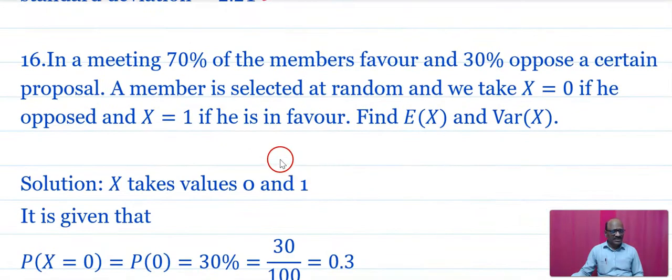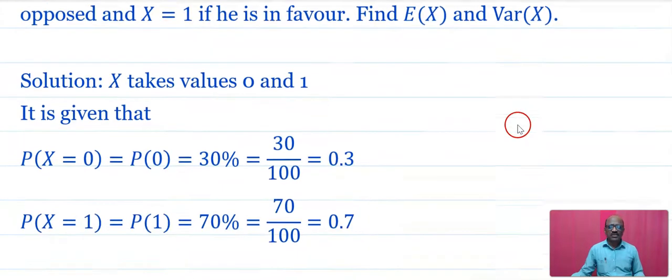And then the last problem: in a meeting 70% of the members favor and 30% oppose a certain proposal. A member is selected at random, and we take x equal to 0 if he opposed, and x equal to 1 if he is in favor. Find E of x and the variance of x.